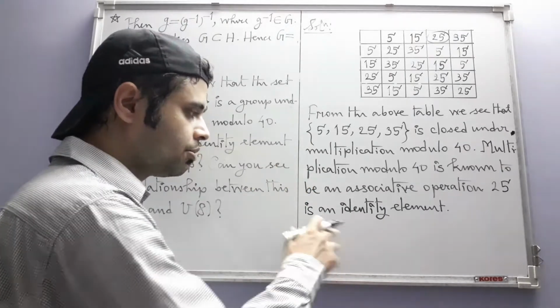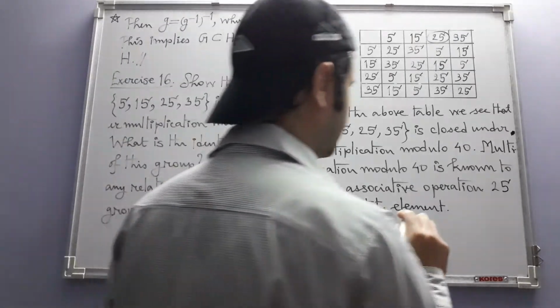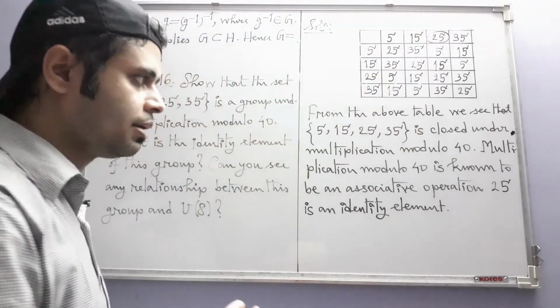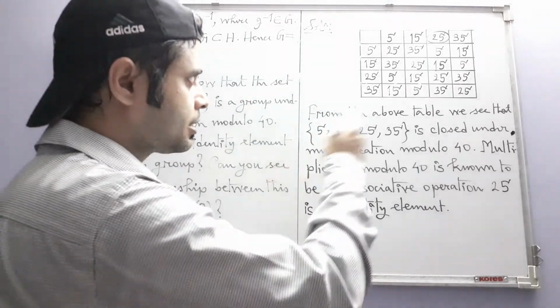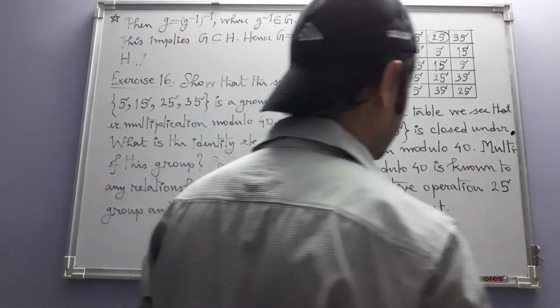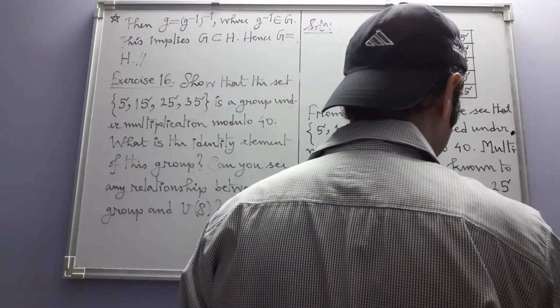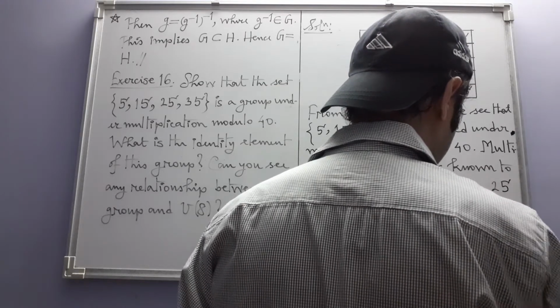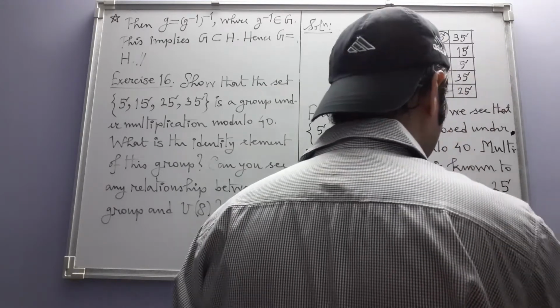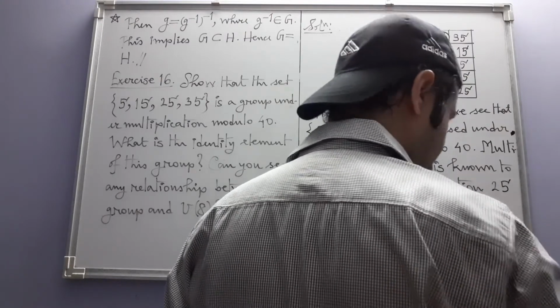Until then, we don't know. Okay, and now the only thing left for us to show is that every element has an inverse. So we just have to identify the inverses.